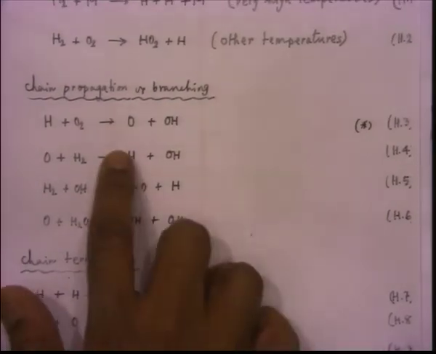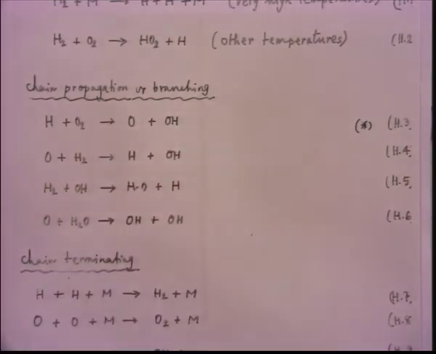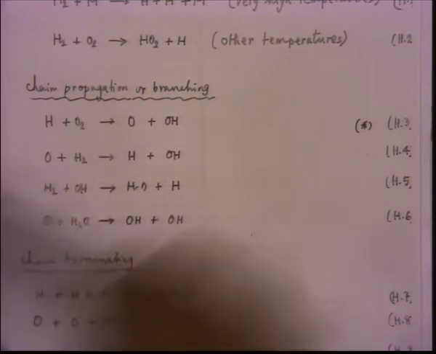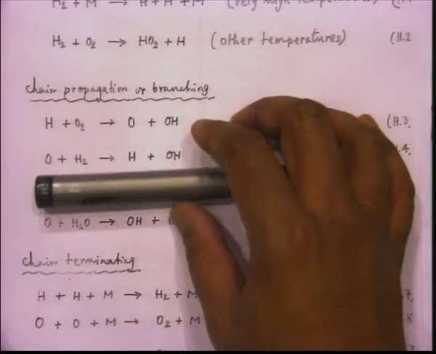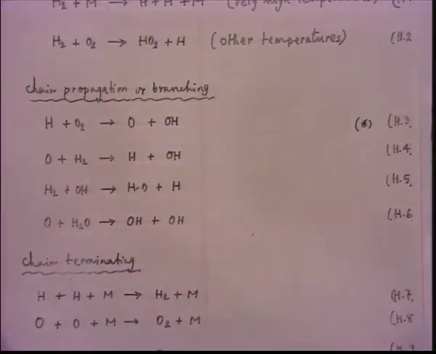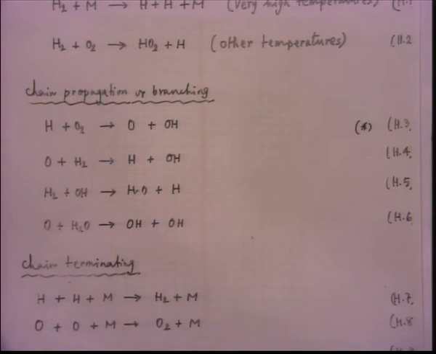We have this important reaction here, H plus O2 giving you O plus OH. Okay. So, what sort of a reaction is this? This particular one, H plus O2 giving you O plus OH, this is a branching reaction. So, this is important for explosion to happen.